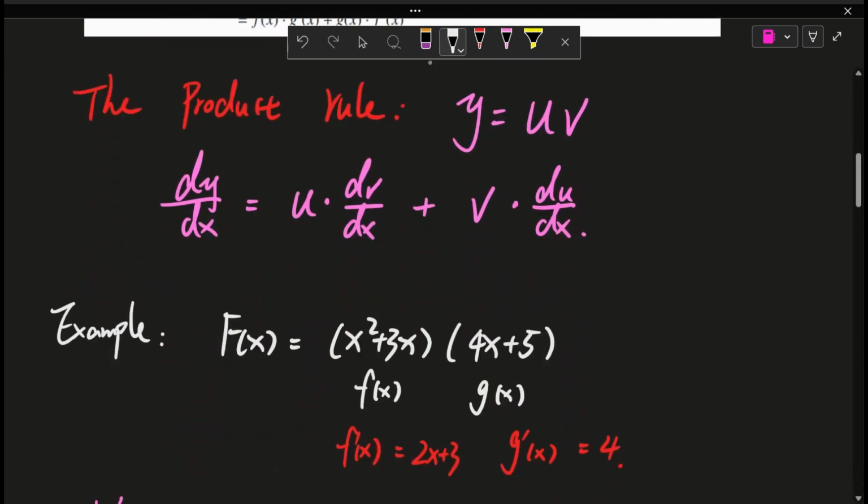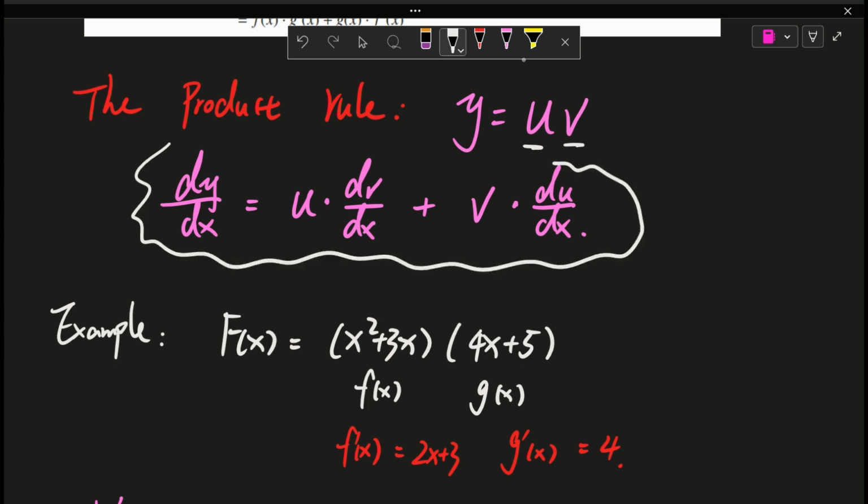If we're using the u and v notation, u is a function and v is another function, and dy/dx equals u times dv/dx plus v times du/dx.